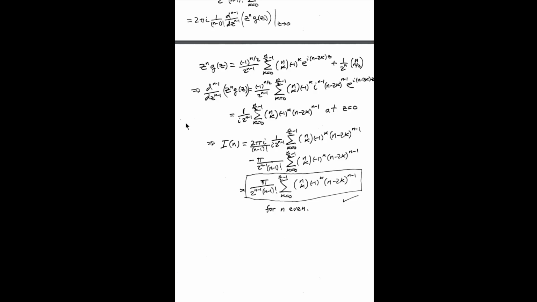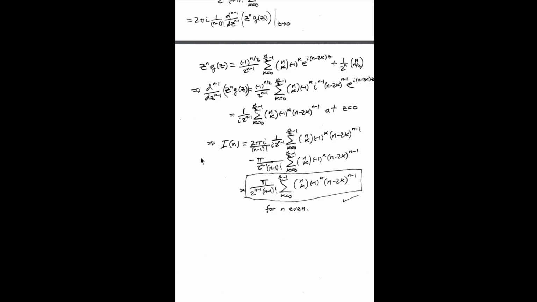Okay, well, finally, this implies I to the n equals, just solving for I to the n here, so we bring this to the other side, 2 pi i over n minus 1 factorial times 1 over i 2 to the n minus 1 times this very familiar sum now, minus pi over 2 to the n minus 1 factorial times this same sum.